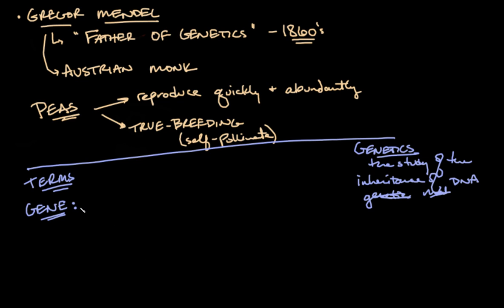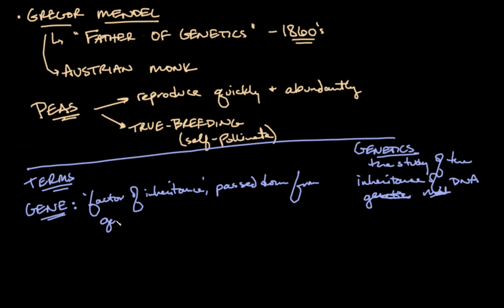But what a gene is, what we're going to label as a factor of inheritance, something that you get, right? A factor of inheritance passed down from generation to generation.